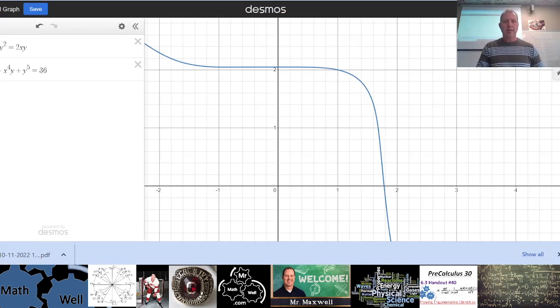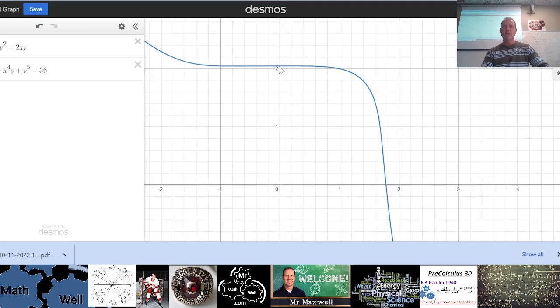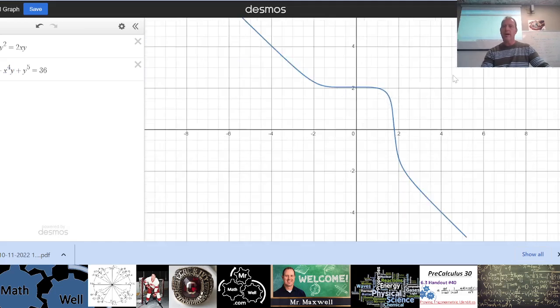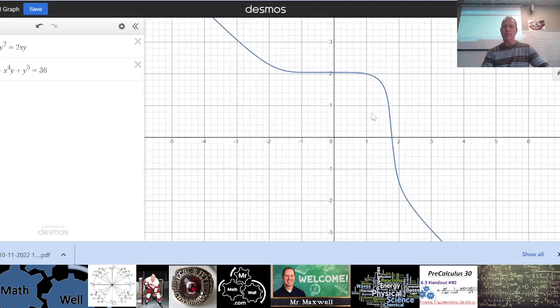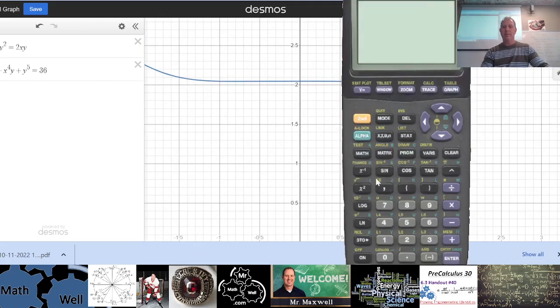So if x is 0, that term is 0, this term is 0. You just have y to the fifth equals 36. So y to the fifth equals 32 would be exactly 2, but y to the fifth equals 36 would be 2 point something. I don't know why it's not letting me just find an intercept, which it always does before. So yeah, something's not working quite right. But what's the fifth root of 36? That's going to be my value.